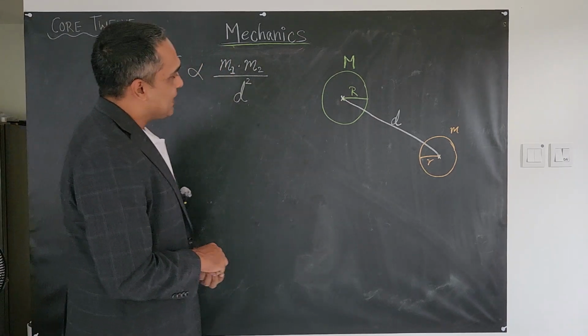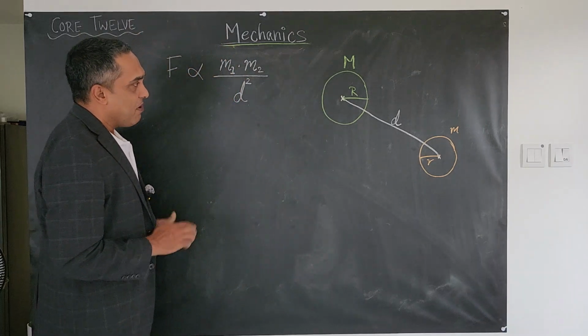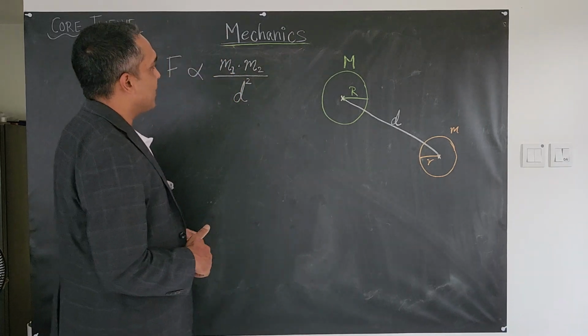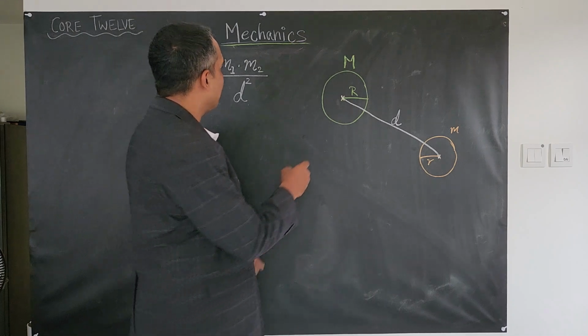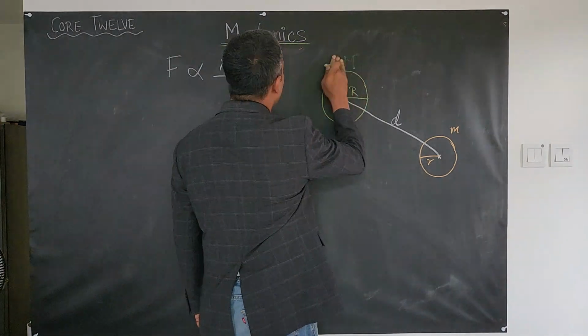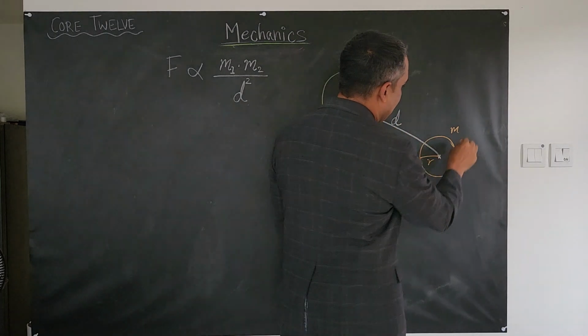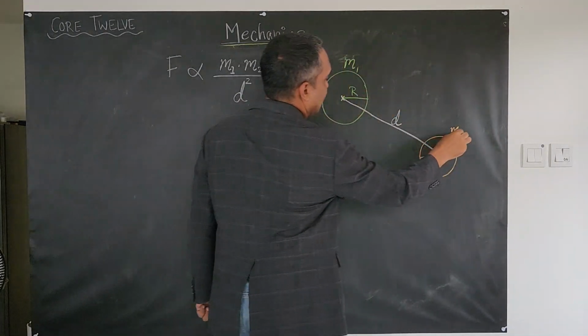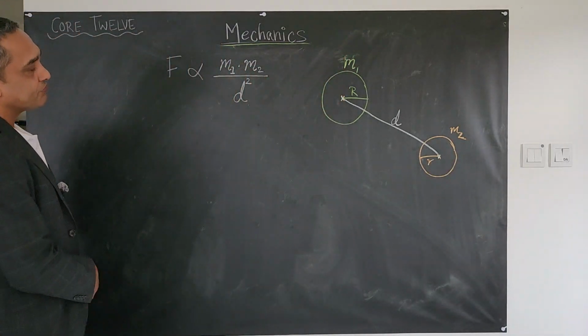Understand the fundamental concept. So in this case, I should write it as m1, and this is m2.